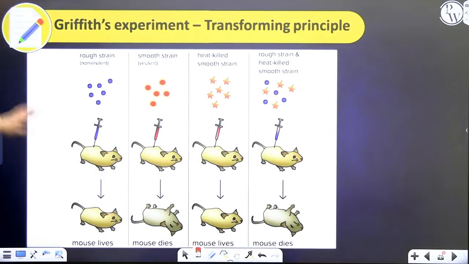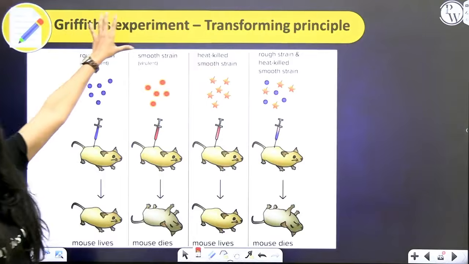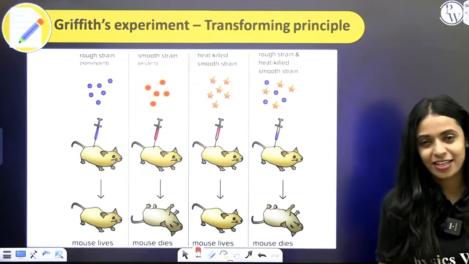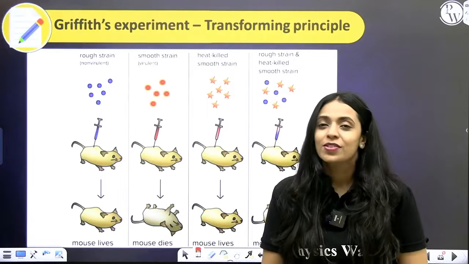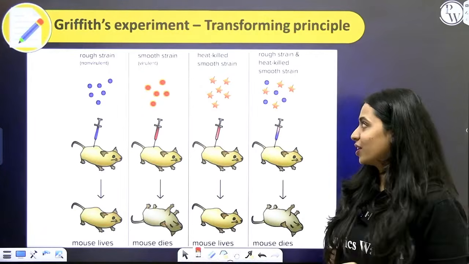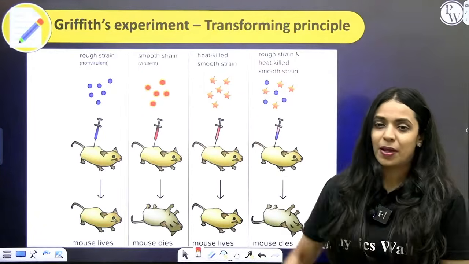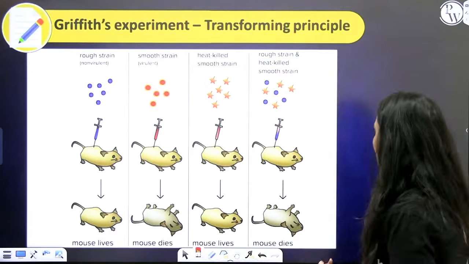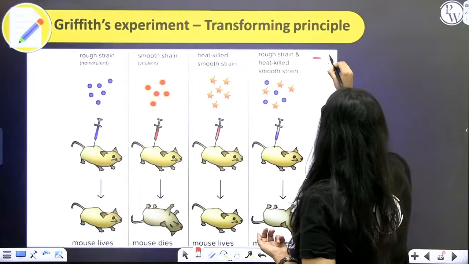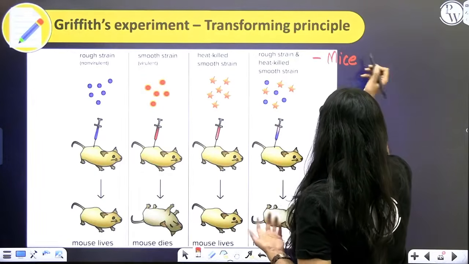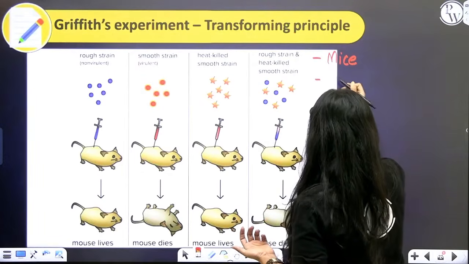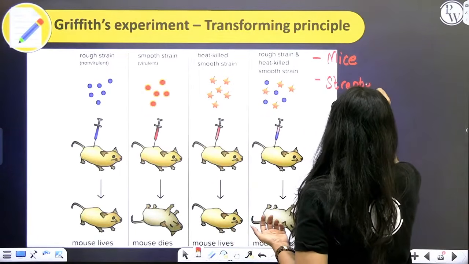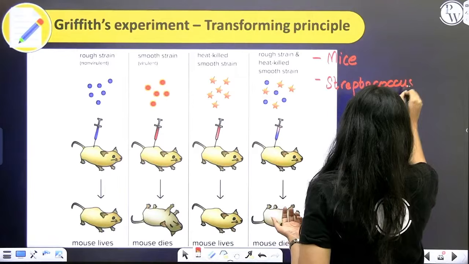All right. So let's begin with Griffith's experiment. It's also called the transforming principle experiment. This is a very interesting experiment, very easy also. So this was performed by a person called Frederick Griffith. That's why it's called the Griffith's experiment. So what basically he does here is he uses two organisms. One is a mouse or mice. Another one is a bacterium called Streptococcus pneumoniae.